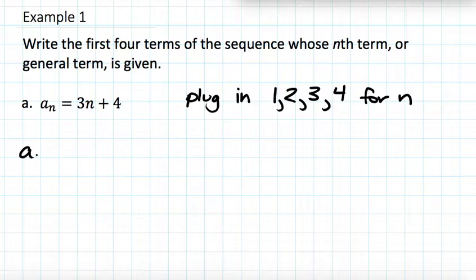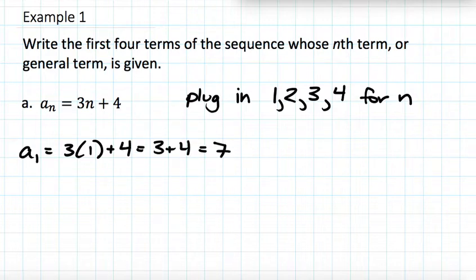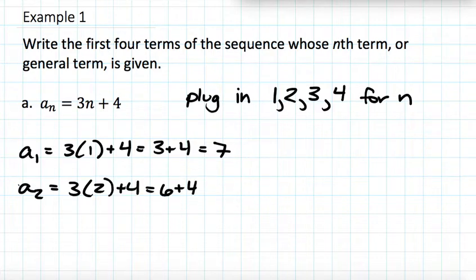So I'm going to plug in all those numbers for n. A sub 1 is going to be 3 times 1 plus 4. 3 plus 4 is 7. A sub 2, I would plug in 2 for n. That's going to give me 6 plus 4, which is 10.